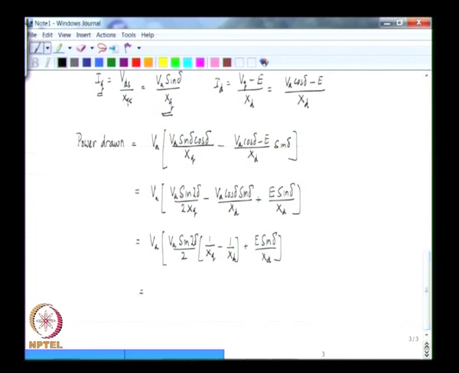This therefore consists of two terms. One is E times VA sin delta divided by XD, plus E times VA by 2 sin 2 delta times 1 by XQ minus 1 by XD.